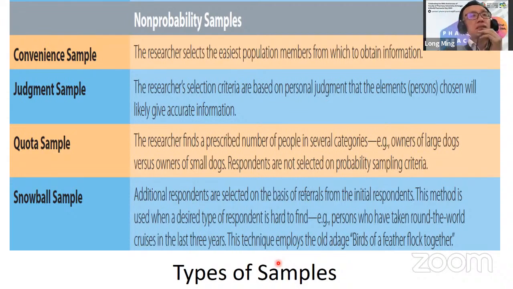Convenience sampling, as you see from the name, means you select based on whatever is convenient. Let's say, for example, you are in a mall and you want to select mall visitors to be your respondents for your survey.